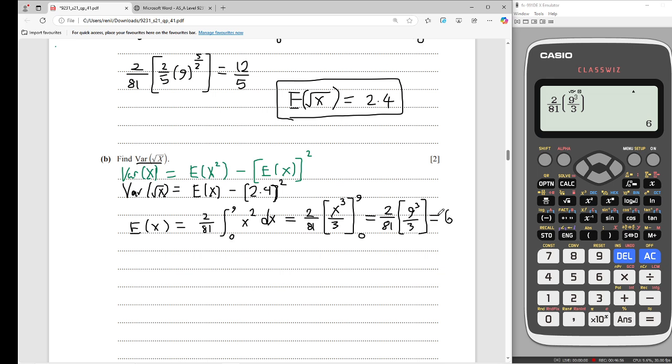Now we have our E of x, and this can be used to calculate our variance. I'll denote this in a different ink.